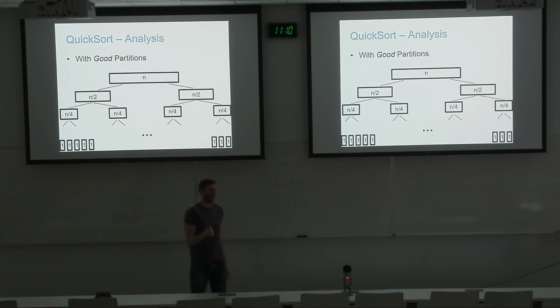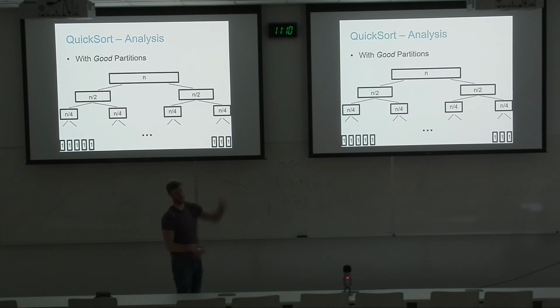On the way down, I have to do linear amount of work each layer. But how many layers are there? How deep is that tree, or height? What's the height of that tree? Well, it's going to be on the order of log base 2 of n. So I have log n layers, because the relationship between the number of nodes and this nice binary tree is log base 2 of n.